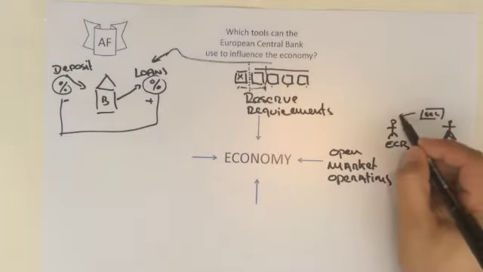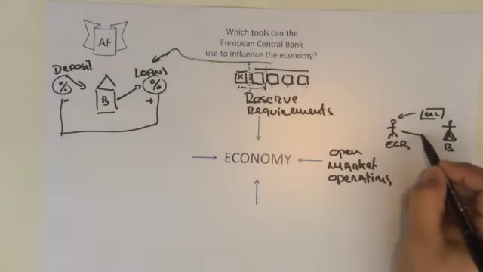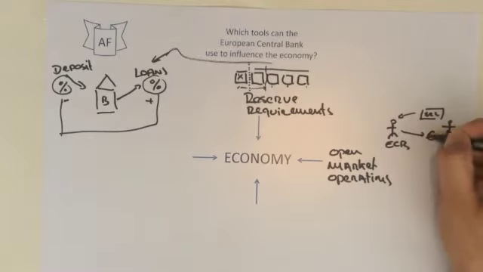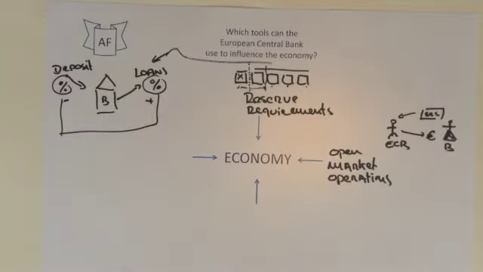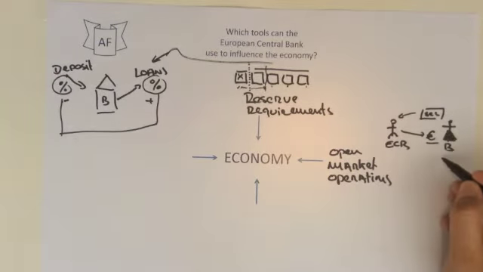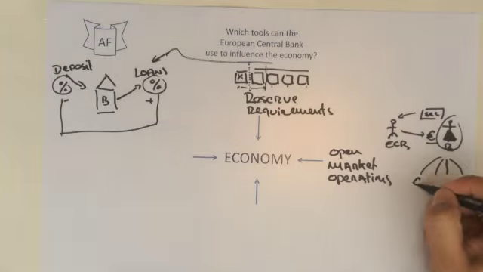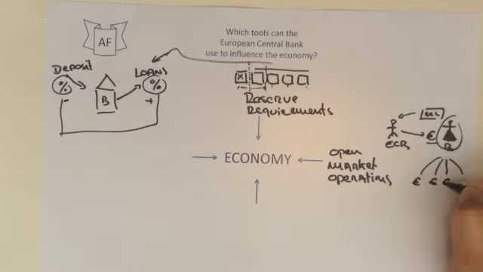And this will come towards the European Central Bank, and in exchange for that, the European Central Bank will give money to this little lady here running the bank. And this new money is going to generate an influx in liquidity, which is going to enable this bank to make extra loans. And because there's more money available, then the rates should go down, right? And those are called open market operations.